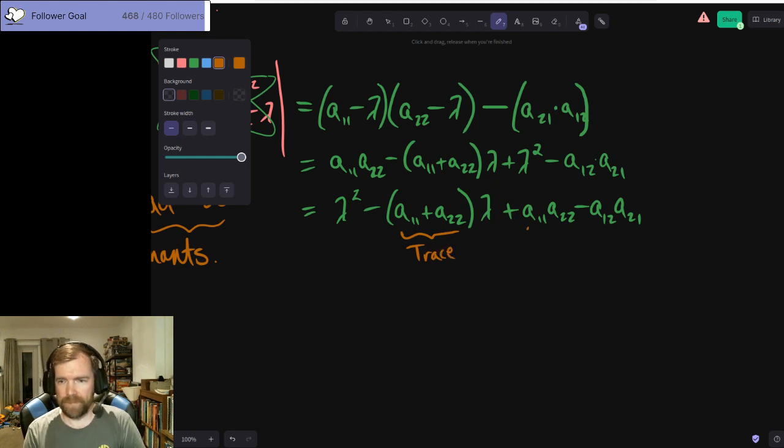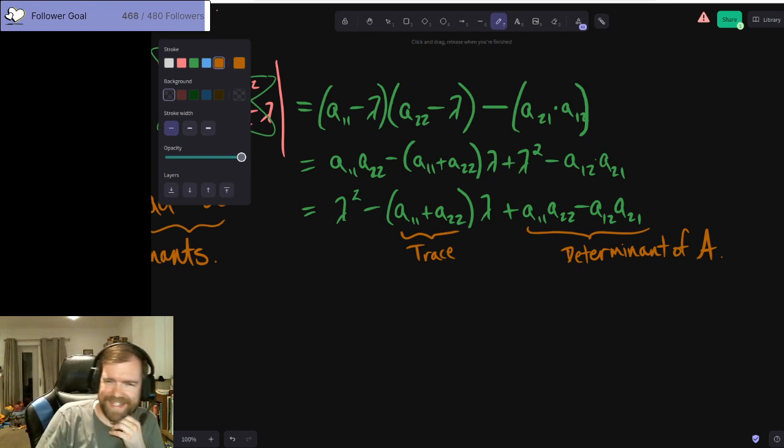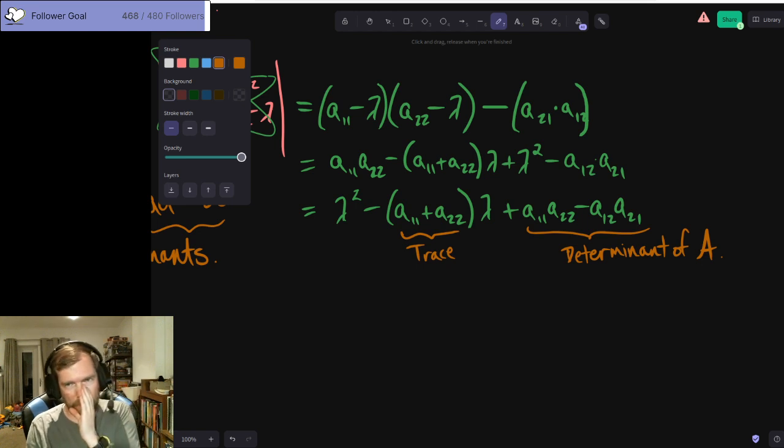That's basically the determinant of the matrix. And so you're getting the trace in your linear term and the determinant in your constant term. Just sort of a fun fact. I don't know if you wanted to bring that up now or you're going to be going there. I wasn't originally. No, that's interesting. That's sort of a fun fact.